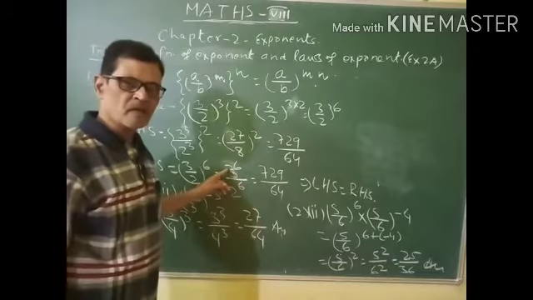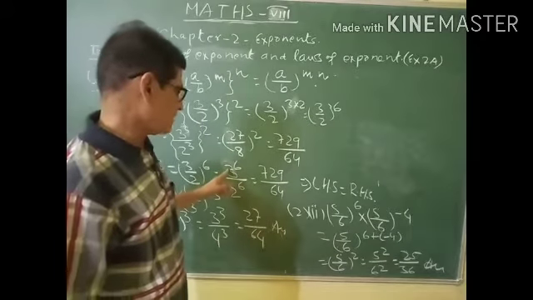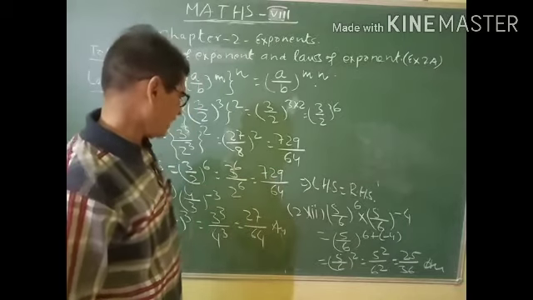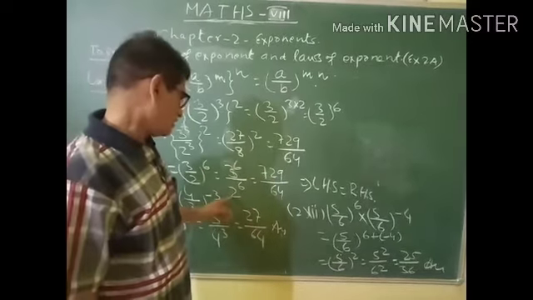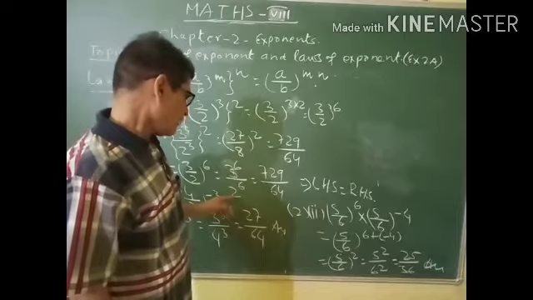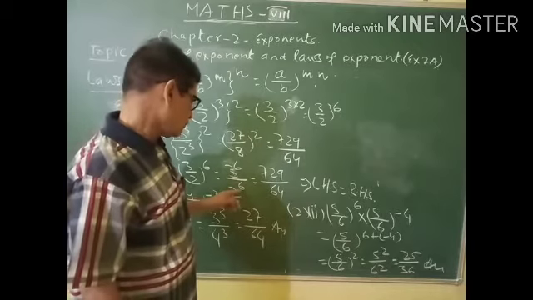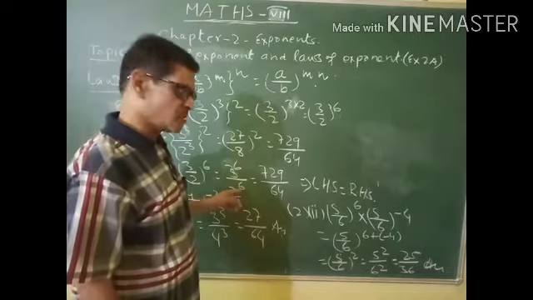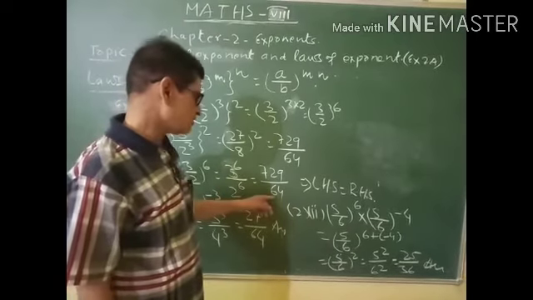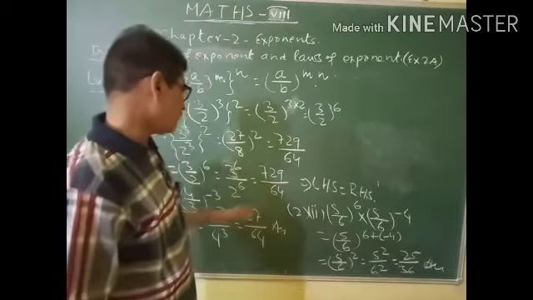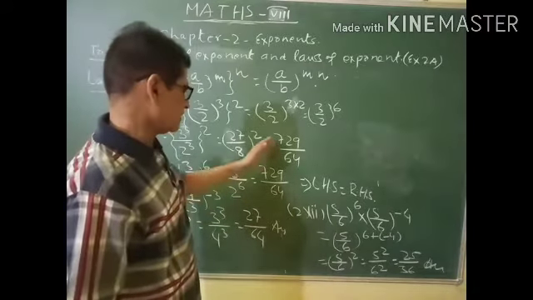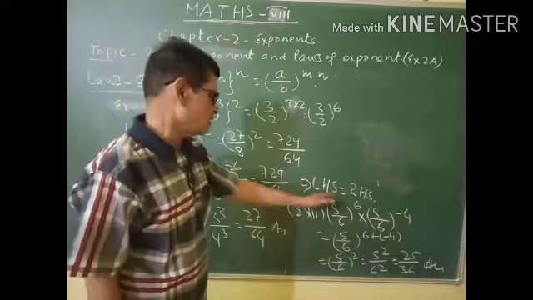If you multiply 3 six times, then you will get 729, and if you multiply 2 into 2 six times, this will give you 64. So this is how we observe that LHS and RHS both values are equal.